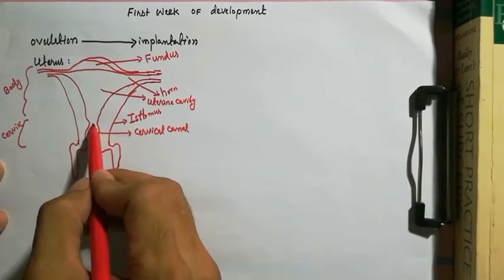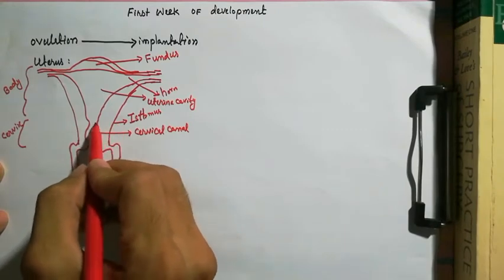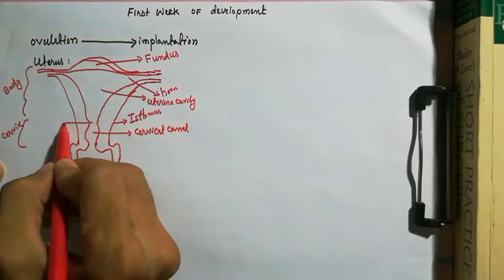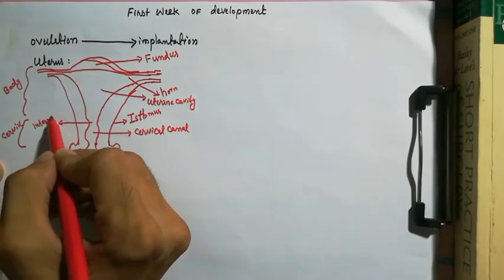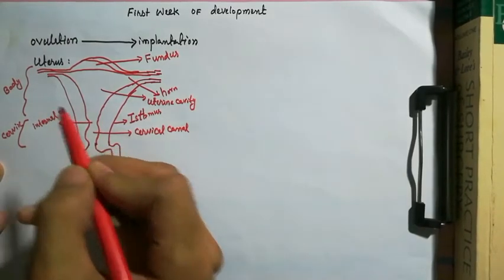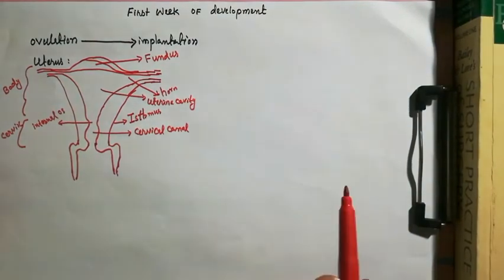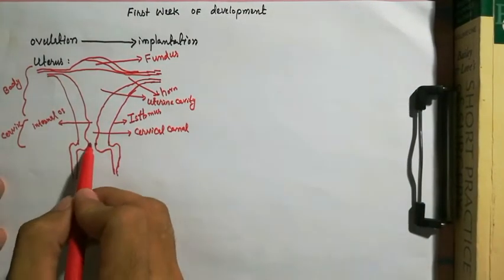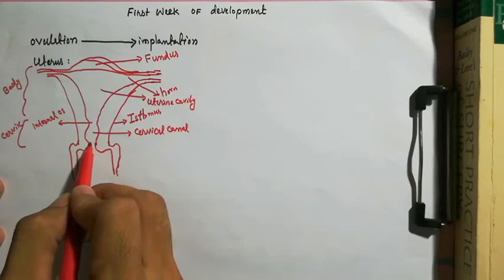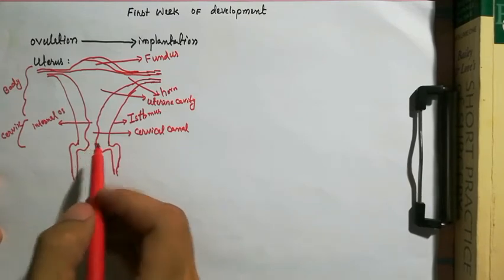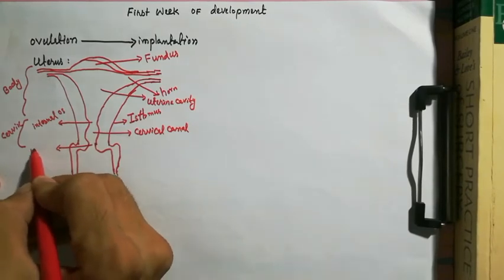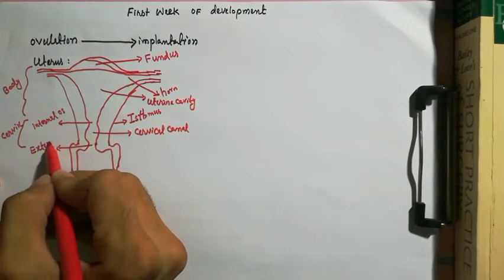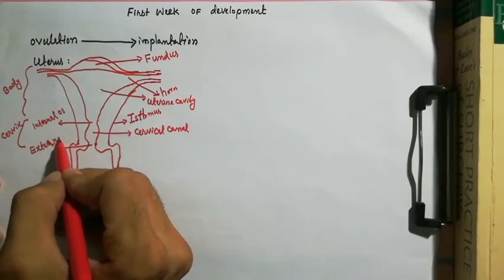The upper constricted end of the cervical canal is called internal os, and the lower constricted end of the cervical canal is called external os.